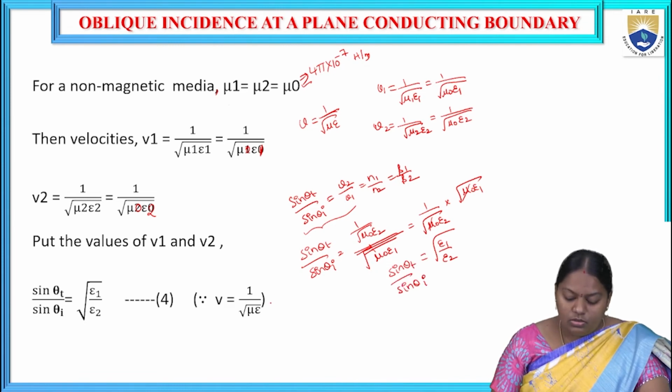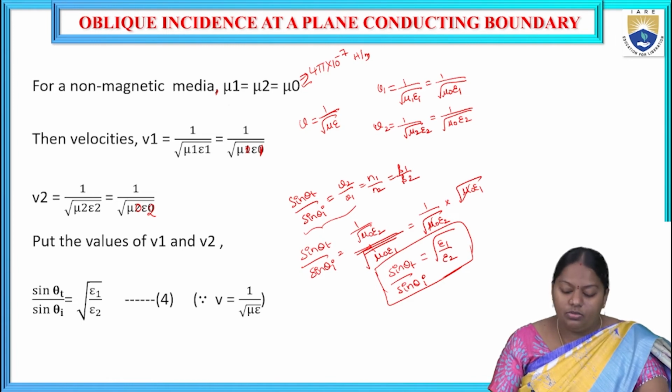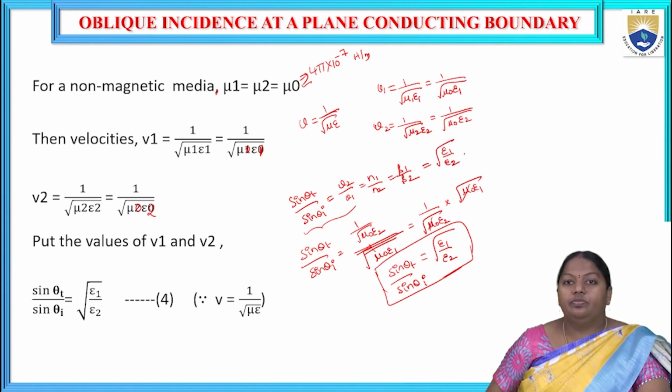This is also one of the relations for Snell's law of refraction. So sine theta t by sine theta i equals v2 by v1 equals n1 by n2 equals beta 1 by beta 2 equals root of epsilon1 by epsilon2.